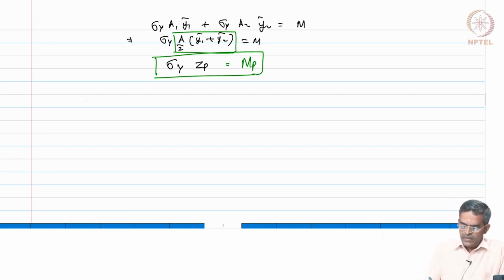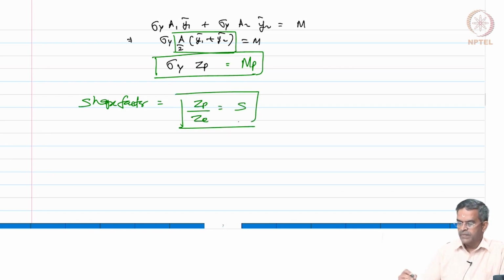Now, interestingly friends, the shape factor is Zp by Zd. Okay.